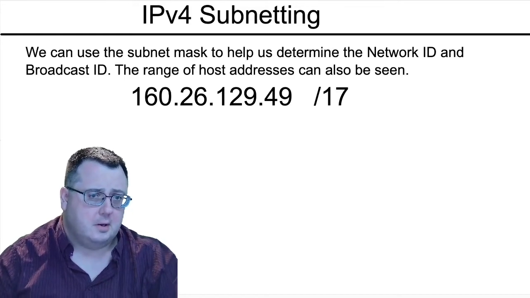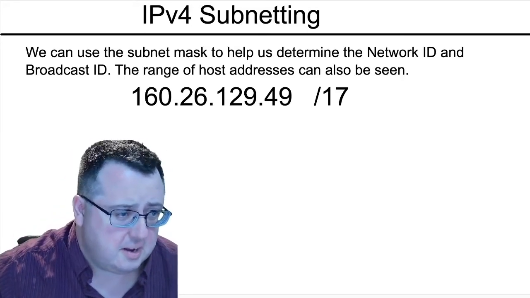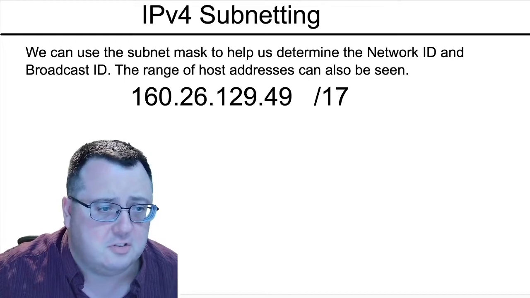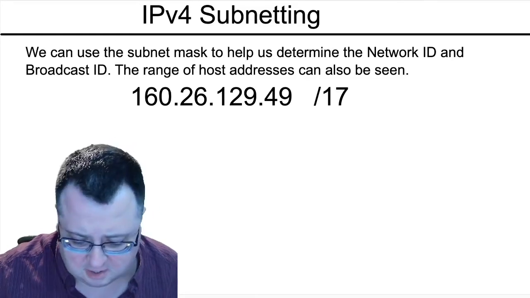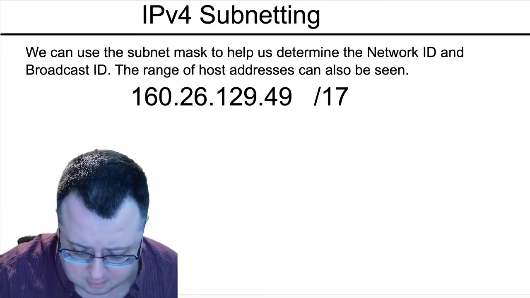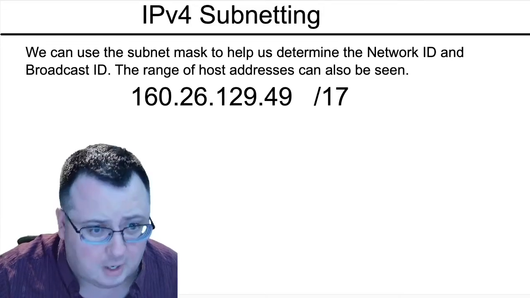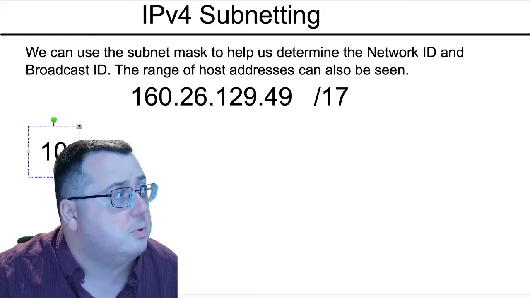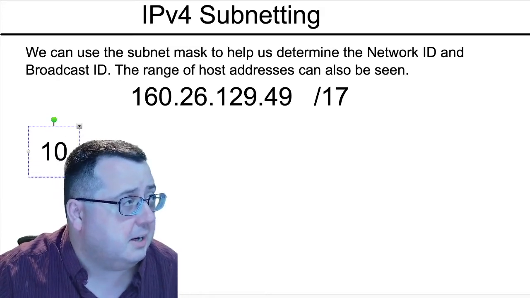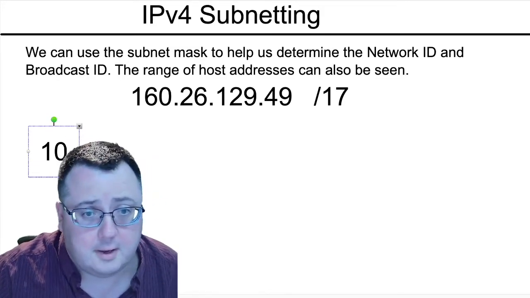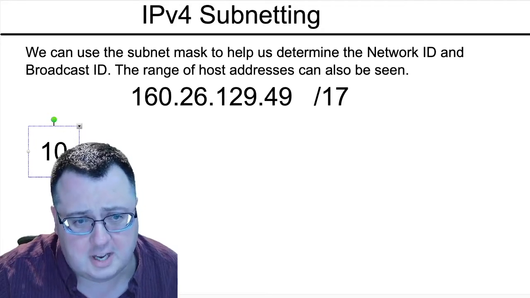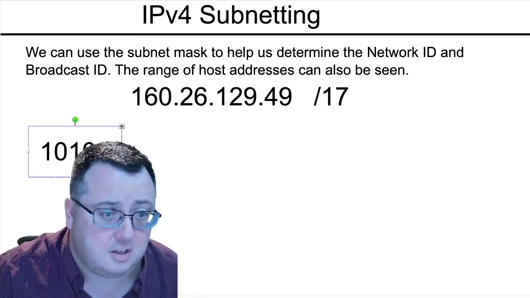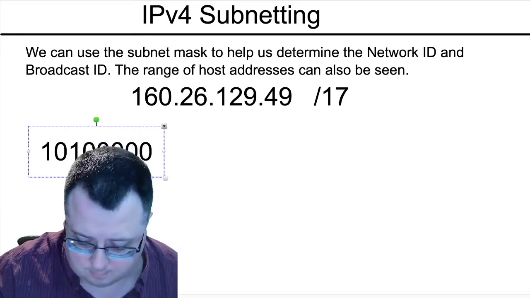Okay, so it's the same process as I did before. 160 is going to be 1, 0 for the 64 because we're not getting up to 192. 128 plus 32 will make 160, and then it's going to be zeros for the rest.